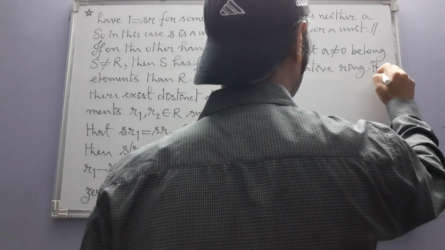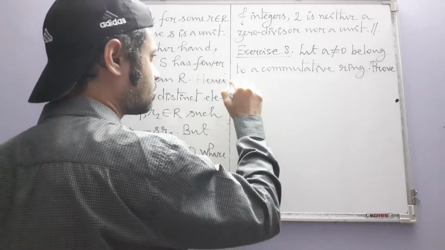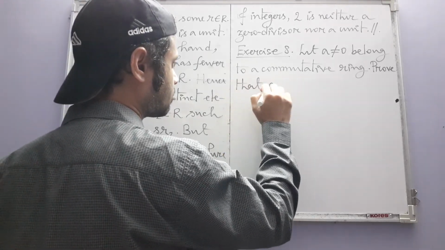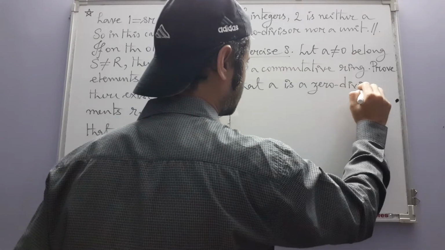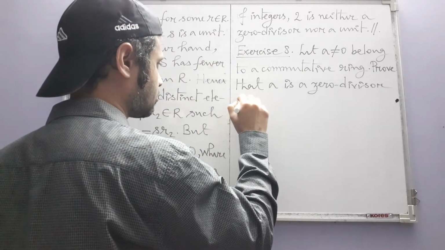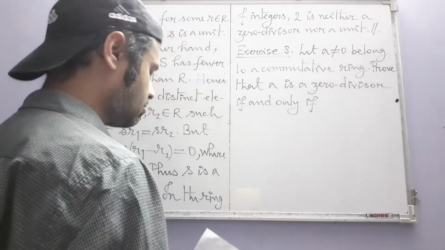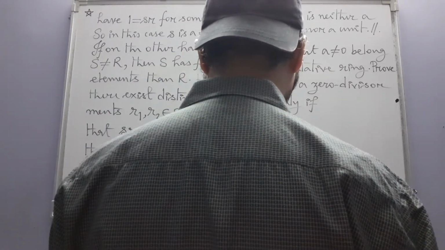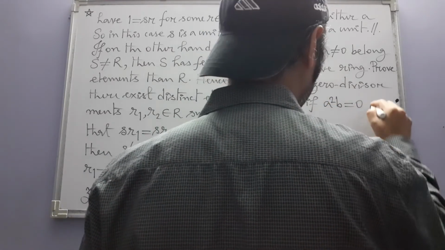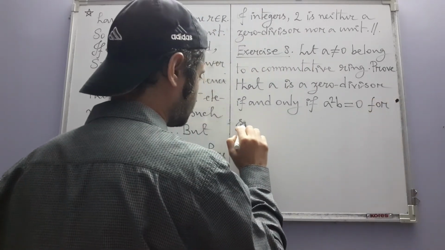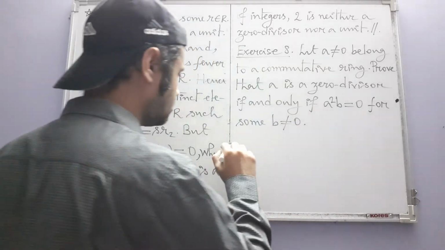Prove that A is a zero divisor if and only if A square B is equal to 0 for some B not equal to 0 in the ring.